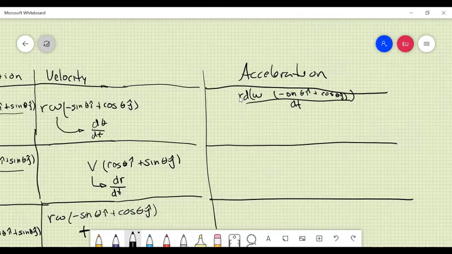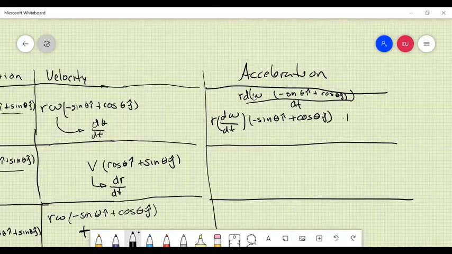Okay, let's derive that, because here you have another derivation of a product. I need to derive the first one and keep everything the same, then derive the second one and keep everything the same. When I derive the first one, I end up having r, the change of omega with respect to time, and everything else stays the same, which is minus sine plus the cosine.